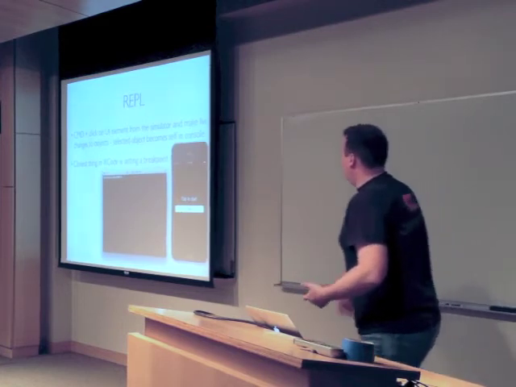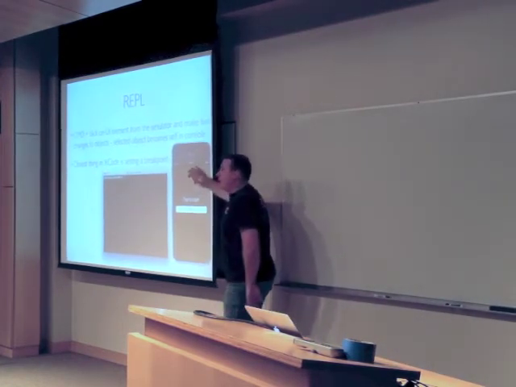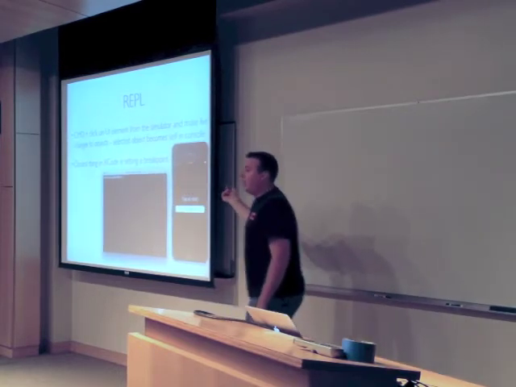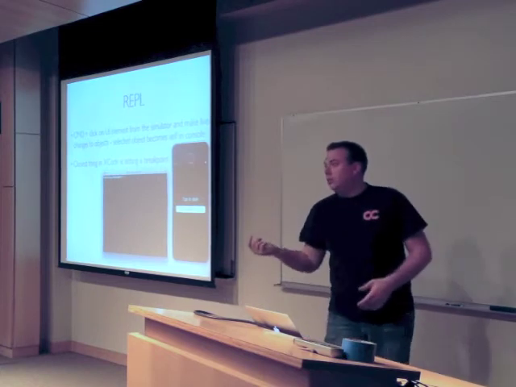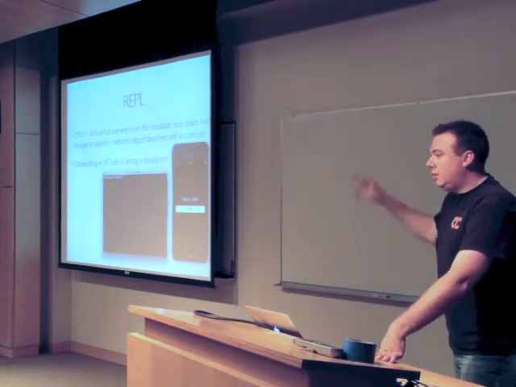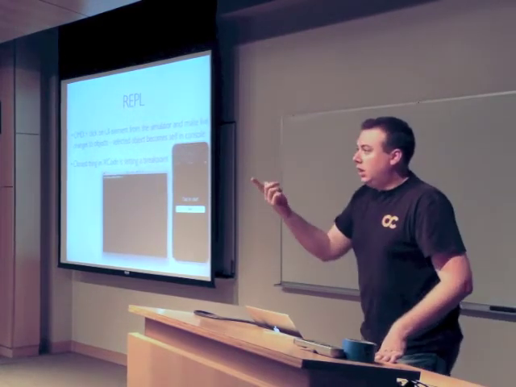So let's say you clicked on the UIView, that's your background view here, you could actually change the background color on the fly, and it would update in real time. You can't change your code and have it update in real time, you have to recompile, but you can change it live in the console.